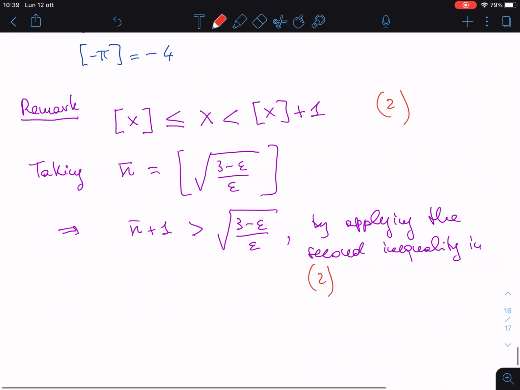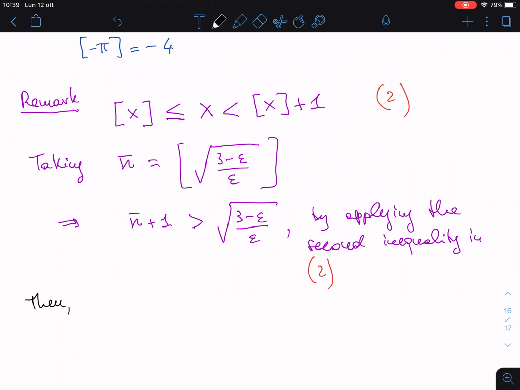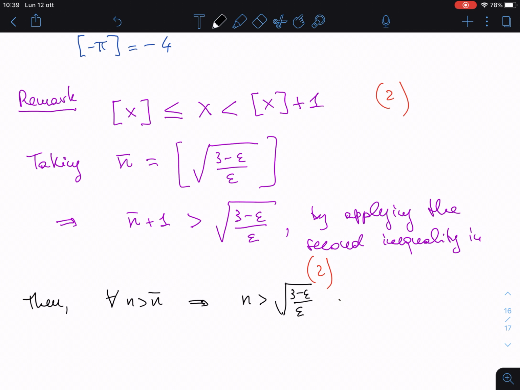Okay. Then, for every n larger than n bar, we have that n is larger than the square root of (3 minus epsilon) divided by epsilon, and then we have that a_n minus 1 is less than epsilon.